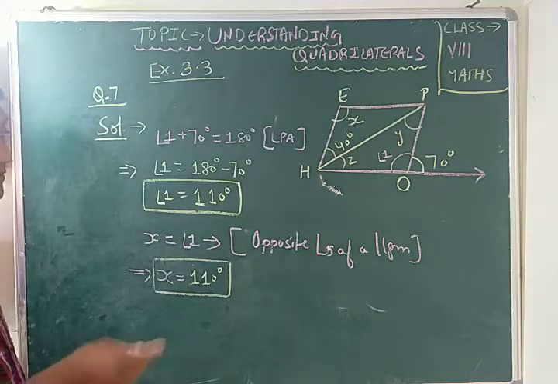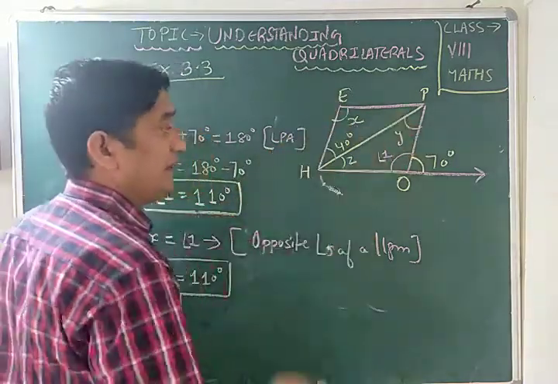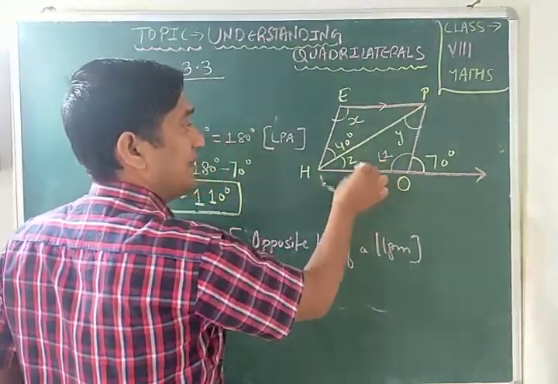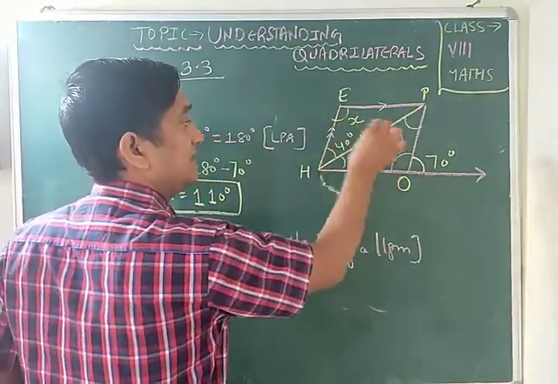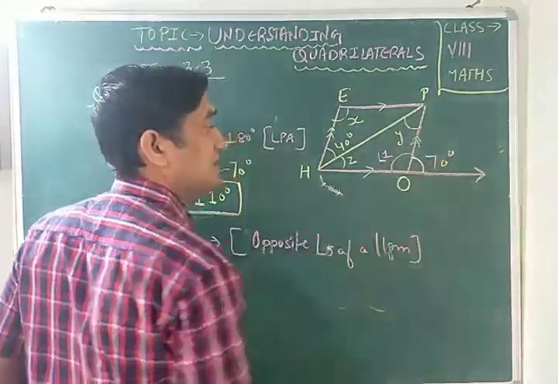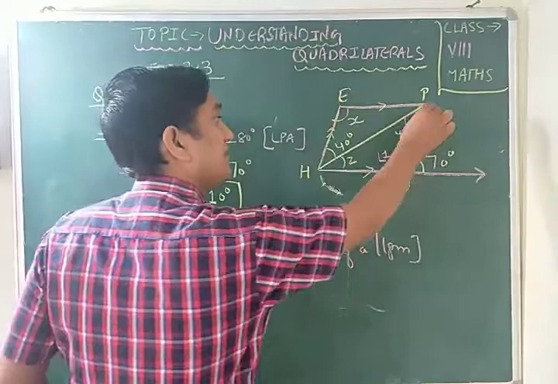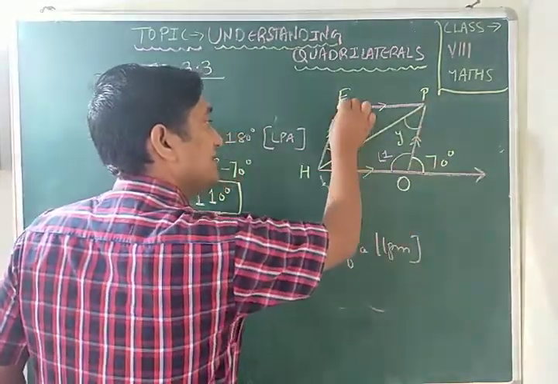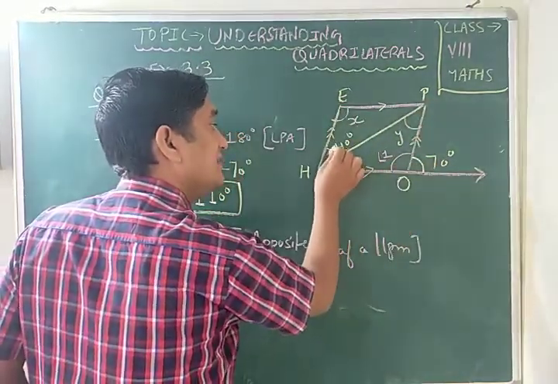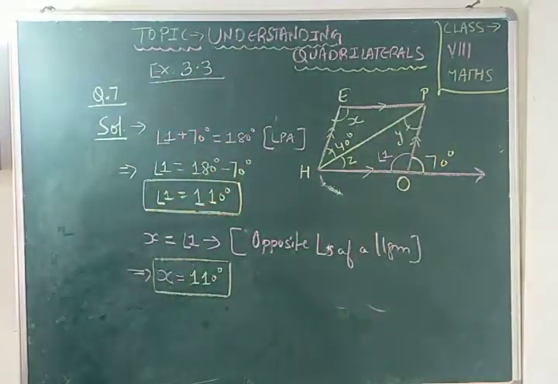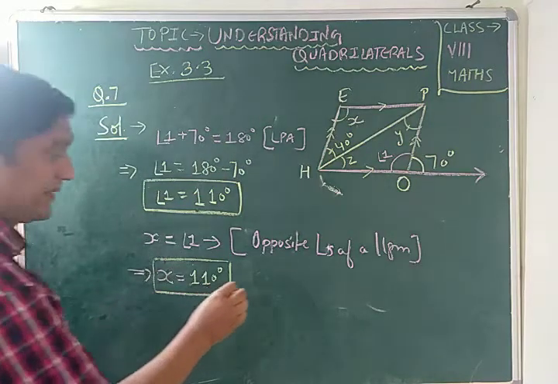Next children, observe this figure carefully. This is a parallelogram. We know that this side is parallel to this side and this side is parallel to this side. So children, if these two lines are parallel, then this angle 40 and this angle y are also equal because of alternate interior angles.